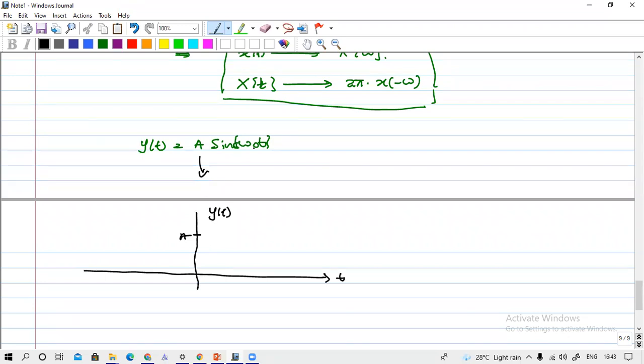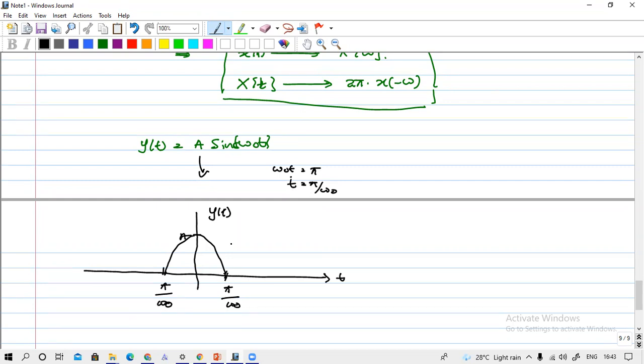Omega naught t equal to 5 gives 0, so in the t domain t should be equal to 5 by omega naught. Here t is equal to 5 by omega naught, and here also 5 by omega naught.